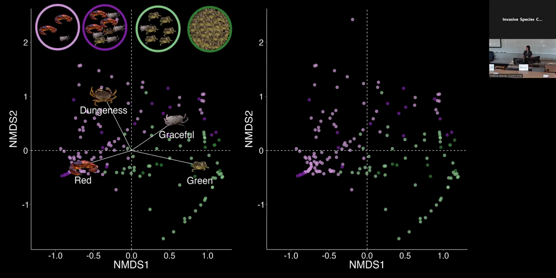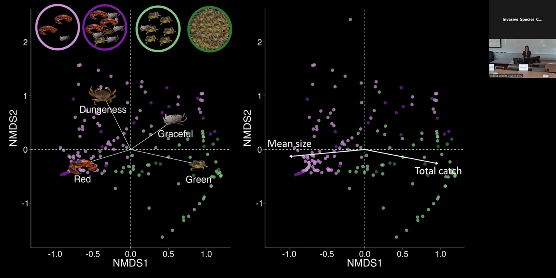Now, if we plot that exact same community data, we can overlay arrows to show how variables like the mean size of crabs in a community and the total catch in a community correlate with these exact same ordination axes. So this mean size arrow is pointing the same direction as our red rock crab arrow, which tells us that communities that received a lot of excretion from red rock crabs in particular tended to have larger crabs on average.